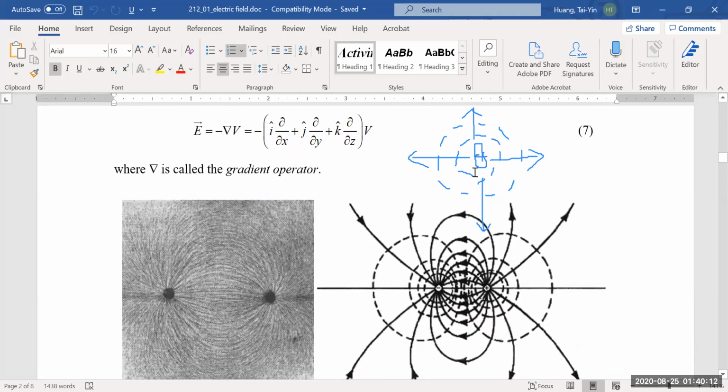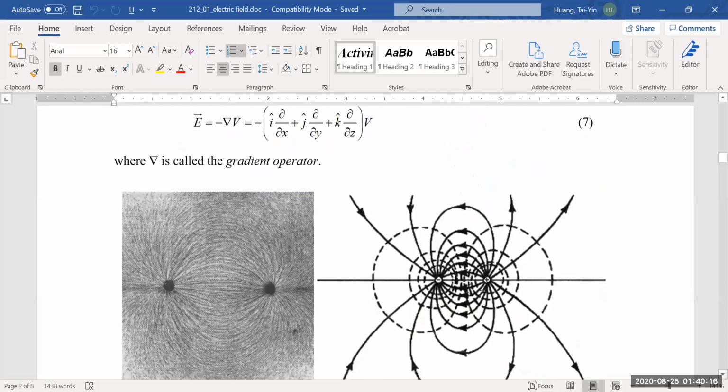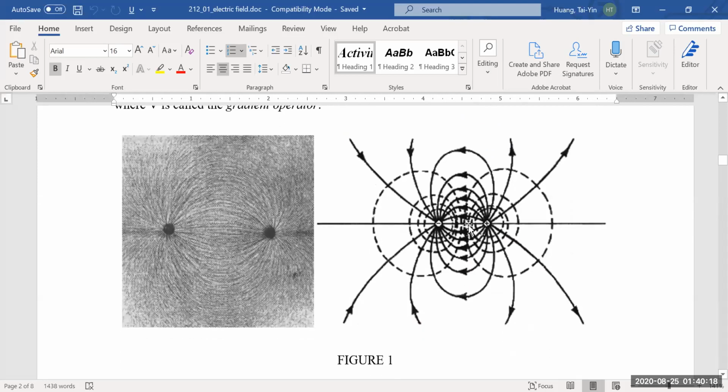All right. If you look at this, this is when you have a pair of charges, which we call a dipole. A dipole consists of a positive charge and a negative charge. In this case, you have a positive charge here and a negative charge there. Remember, a positive charge produces an electric field pointing outward, and a negative charge produces an electric field pointing inward.